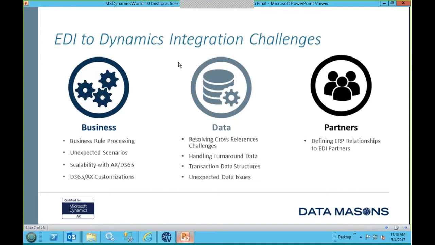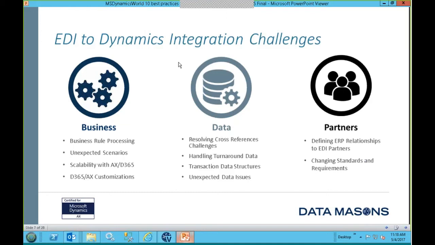So for example, if you use an external warehouse, how does that relate to the data that's inside of the Dynamics platform? Is it the site ID, is it the location ID, or is it some other value? Just as an example.